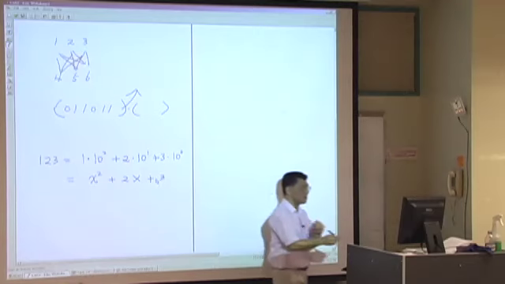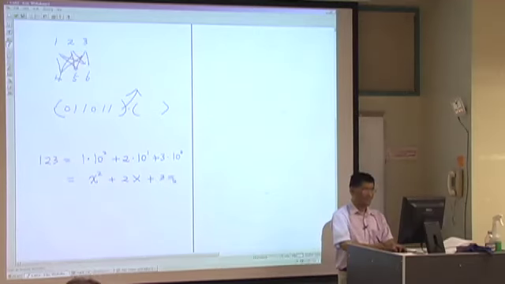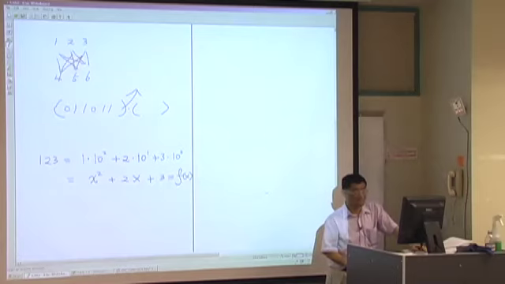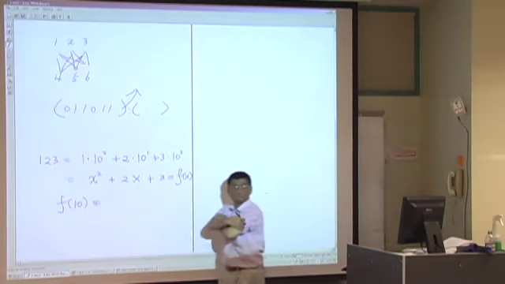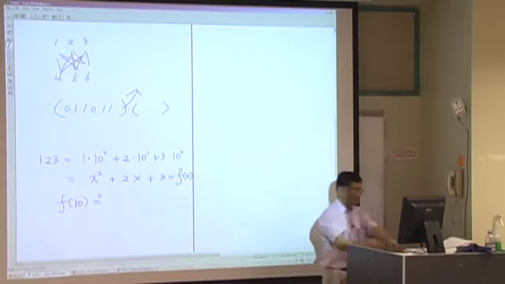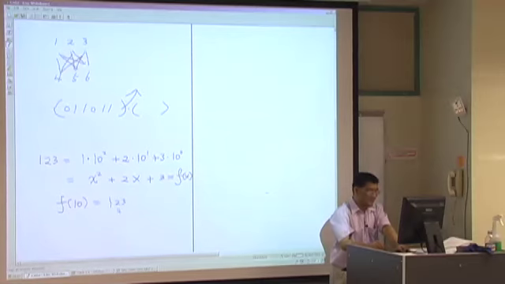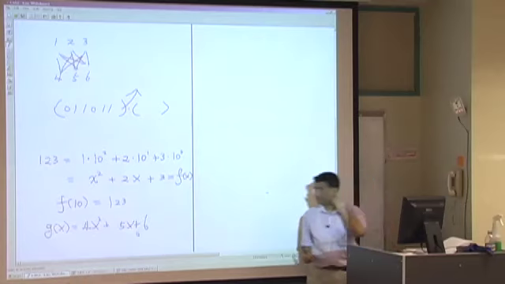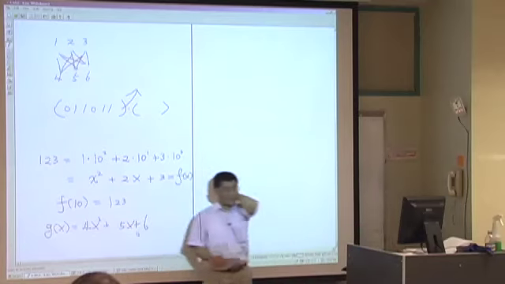And then we call this function f function, right? f of x. So f of x is found, right? What is f of 10? What is f of 10? Thank you. f of 10 is 123. Then let's define g of x. Then 4x squared plus 5x plus 6. Then what is g of 10?